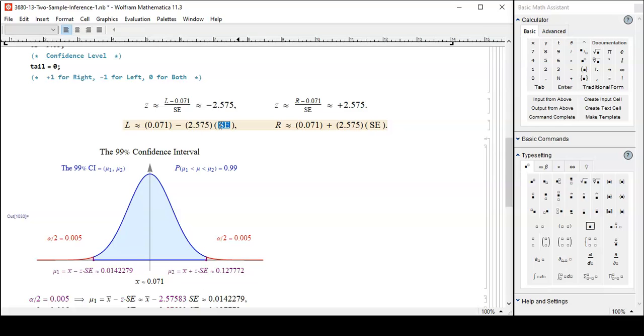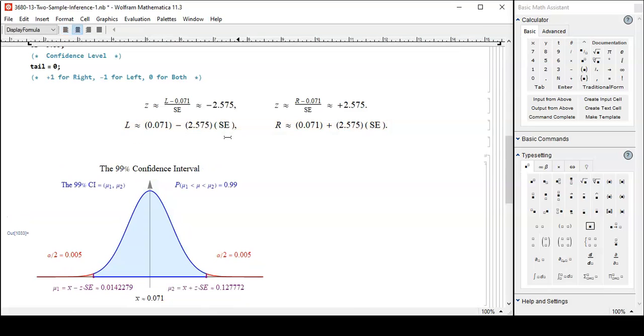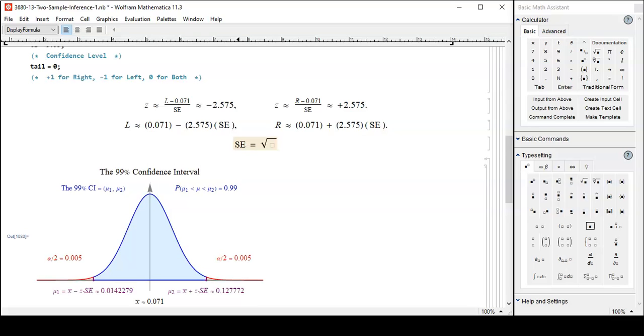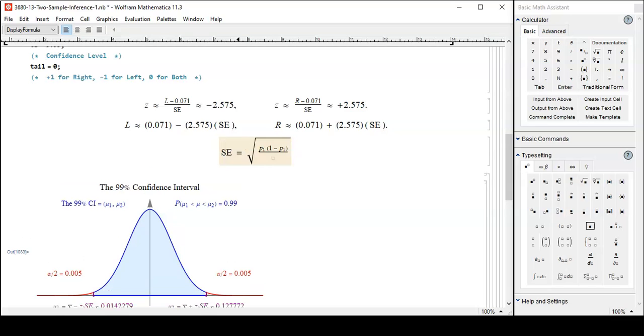Now what is SE? That was the real kicker, wasn't it? And that formula was P1 times (1 minus P1) over N1, plus the same thing for the second sample, P2.